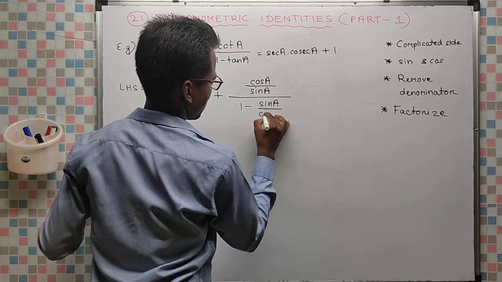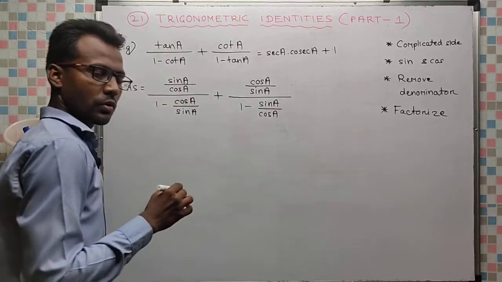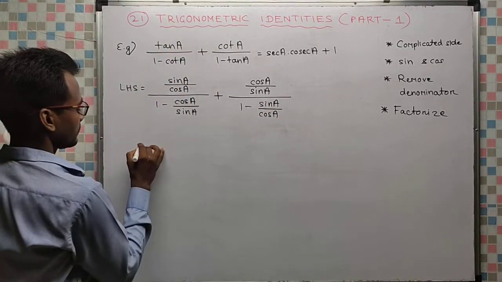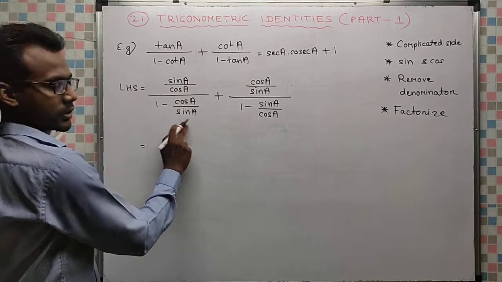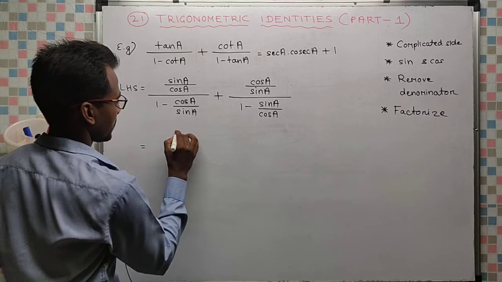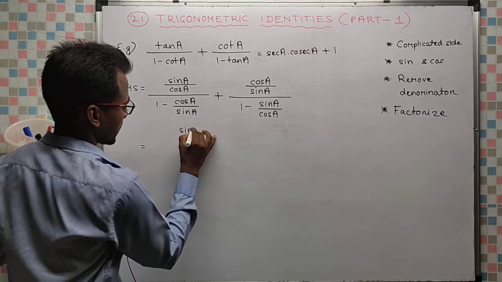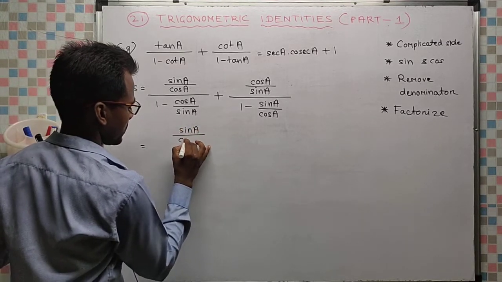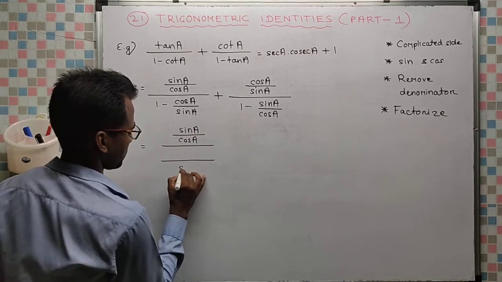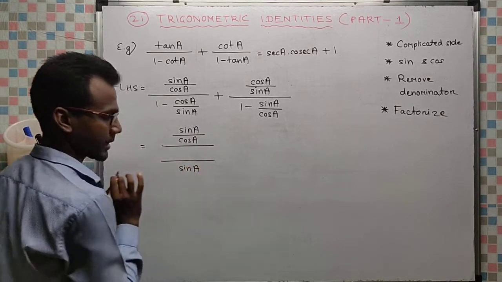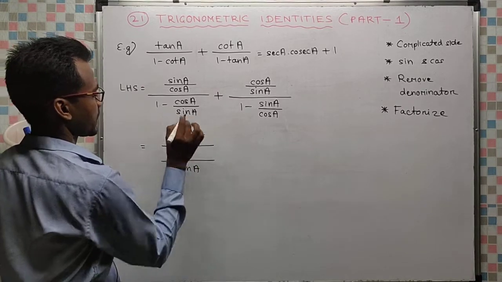Sin A by cos A. Okay, be careful, it is in the form of A by B. You have to take LCM here. So sin A by cos A by, take LCM, sin LCM. Okay, take sin LCM.